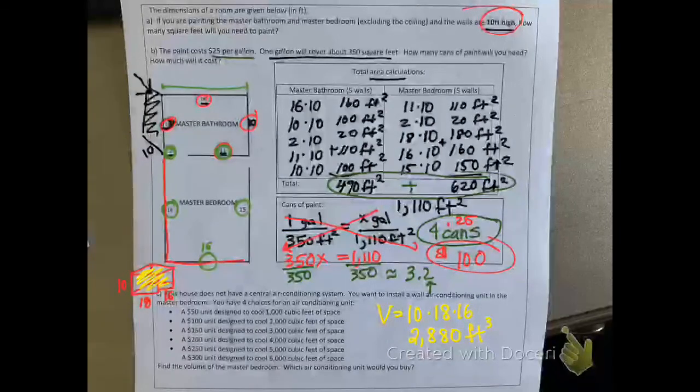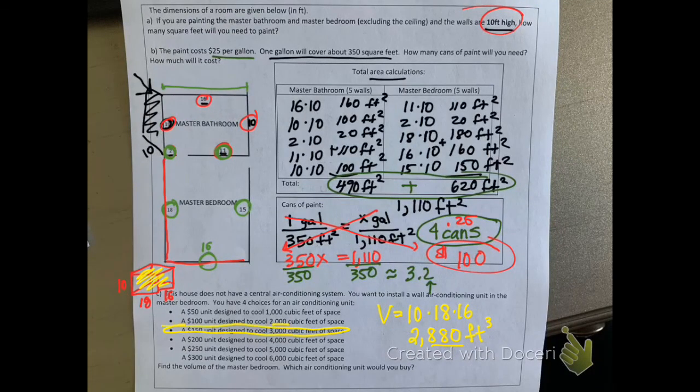So that's how much space we're going to be cooling. Which unit are we going to buy? Well, we need more than 2,000, because we have 2,880. So we're going to need the $150 unit because that cools 3,000 cubic feet.